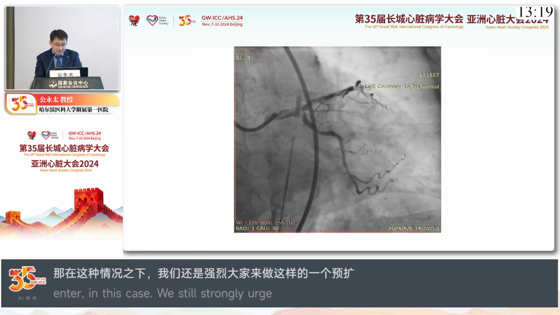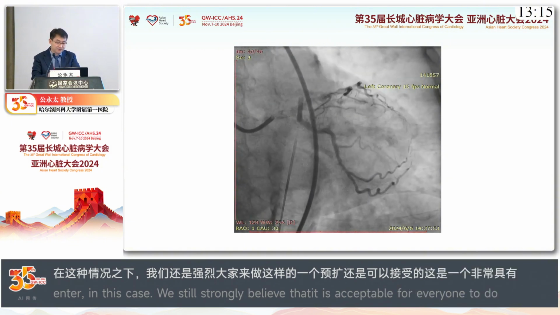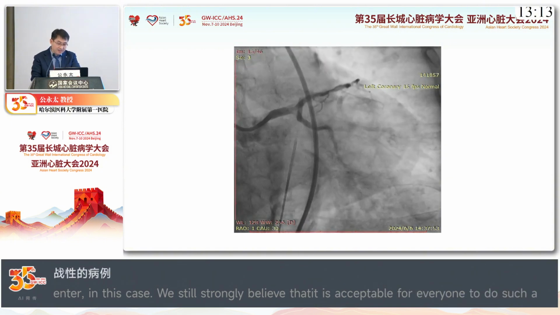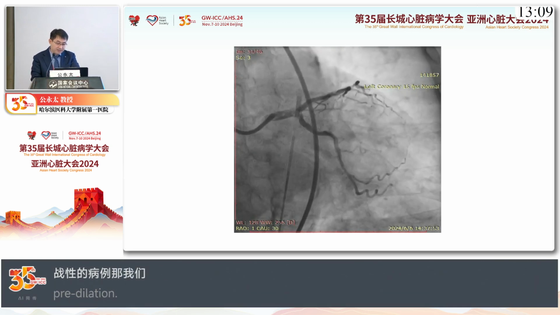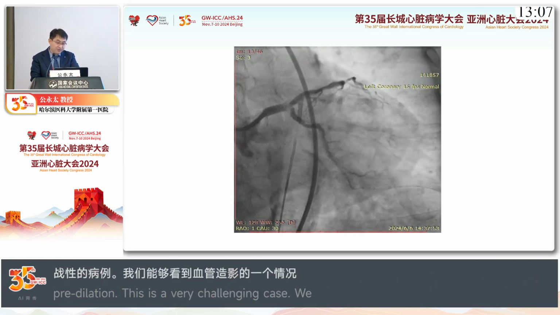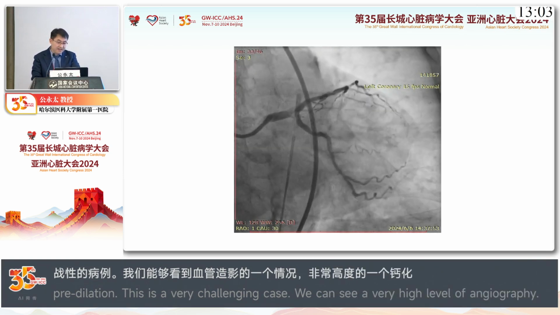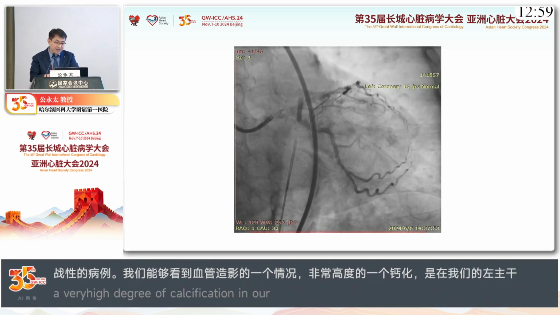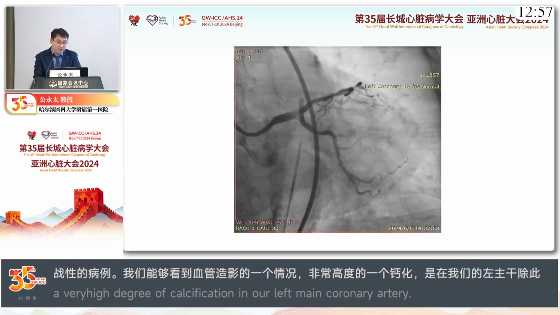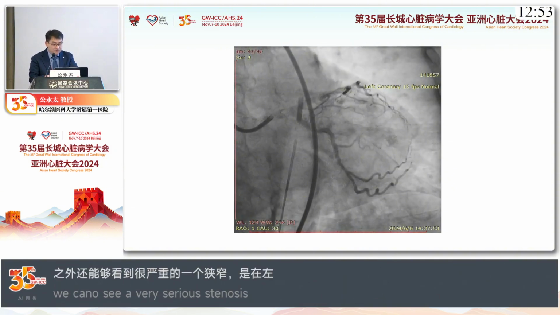This is a very challenging case. From the angiography, we can find a heavy calcification lesion in the bifurcation of left main, with significant stenosis at both the LAD ostium and left circumflex ostium.